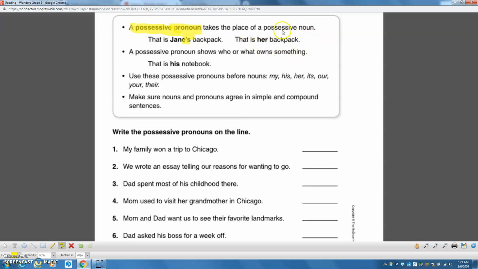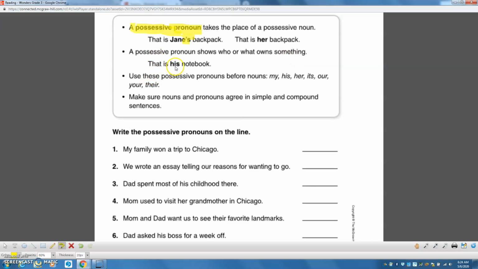The backpack belongs to her. We wouldn't say that is she backpack. That doesn't make sense. She is not a possessive pronoun. We have to use her to show that the backpack belongs to her. It's a possessive pronoun. A possessive pronoun shows who or what owns something.